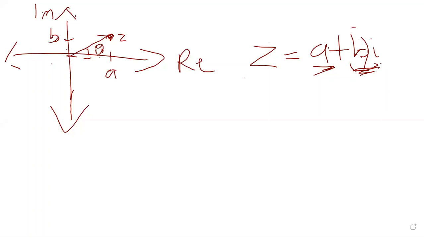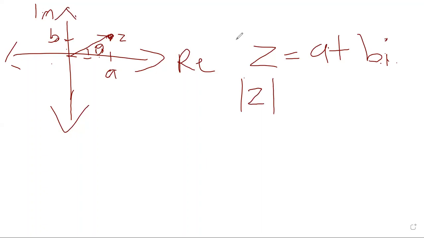Because a complex number is expressed in the form A plus BI, which is the normal form, or the rectangular form, there's another form that we write it in. That's the polar form. Our polar form is such that instead of using A and B to denote it, we use the length of the complex number, which is called the modulus.